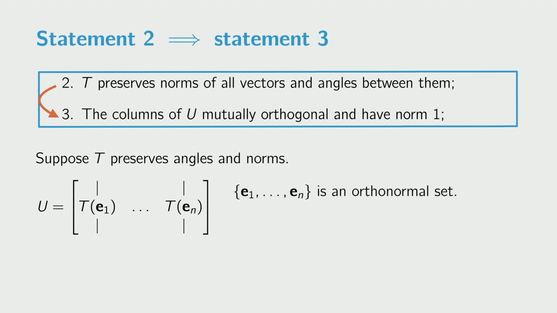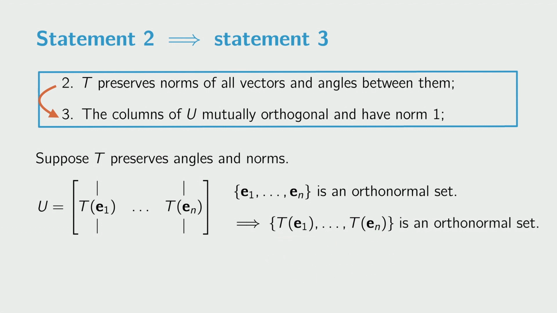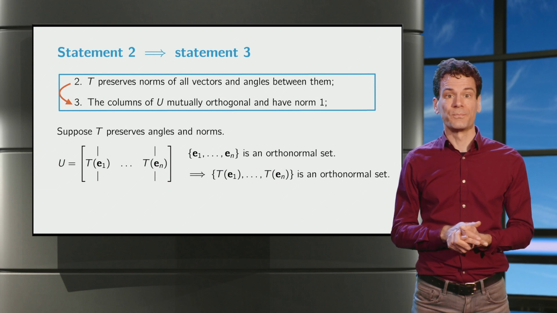This is an orthonormal set. The vectors have norm 1 and are mutually orthogonal. Since T preserves angles, the columns of U must be mutually orthogonal as well. Since T preserves norms, the columns of U must have norm 1. Hence, the columns of U form an orthonormal set as well. Statement 3 follows from statement 2.